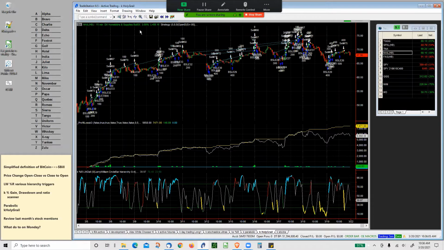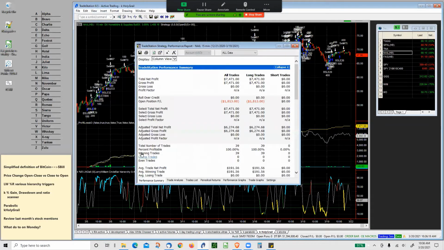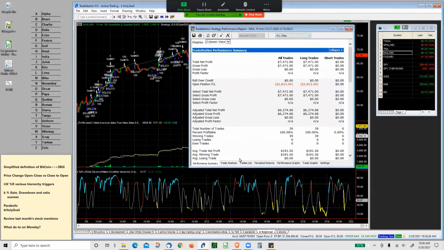It automatically does all the calculations. It figures out what the optimal value is of your buys and sells, and it just tries to suck money out of the market. What is very cool about it to me is that if you look at the percent profitable, it's 100% profitable. So for people that don't like losing any money, this might be something that they are interested in using.